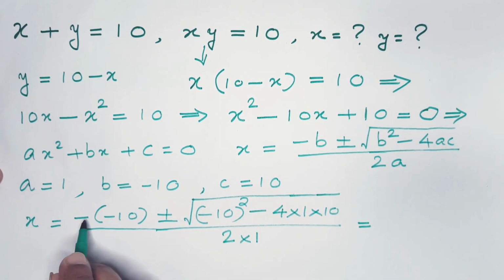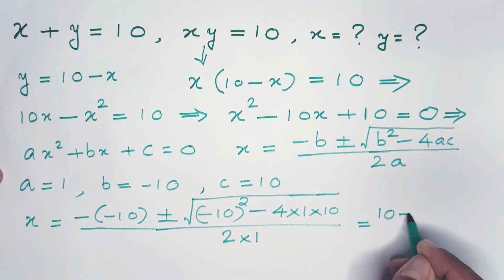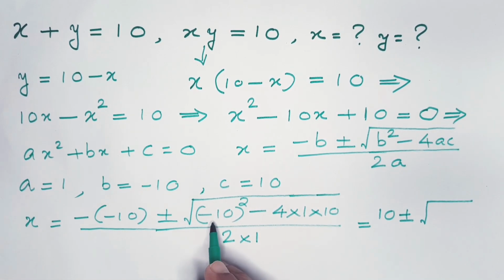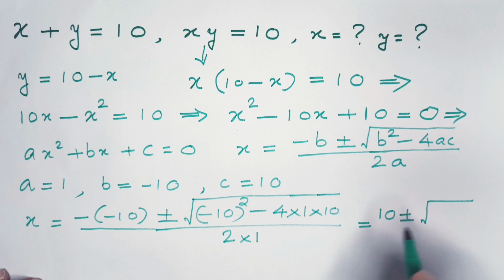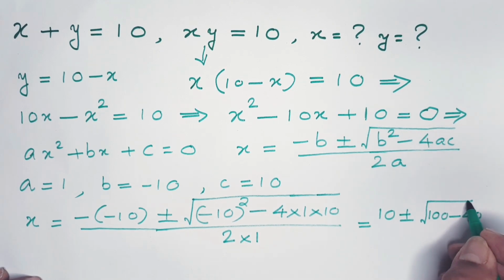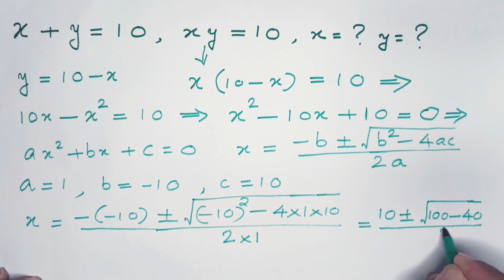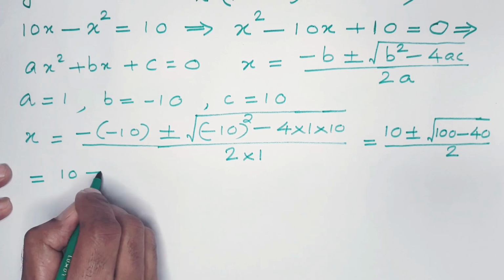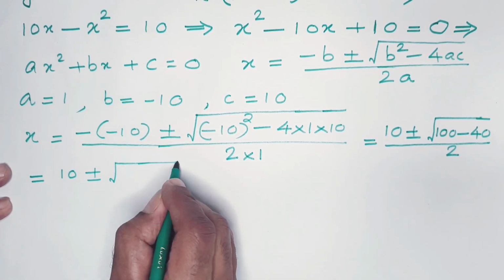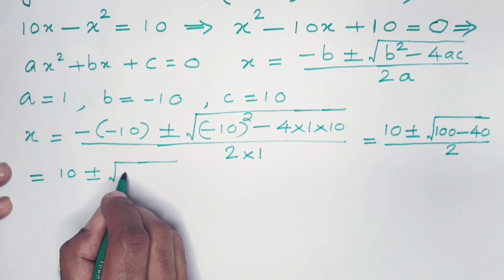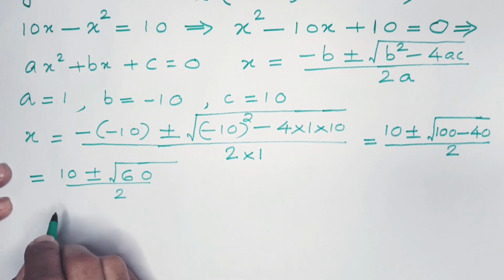Let me simplify this. Minus minus 10 is plus 10, plus or minus square root of minus 10 the whole squared is 100, minus 4 times 10 on simplification is 40, divided by 2. Now that equals 10 plus or minus square root of 100 minus 40, which is 60. So you have root 60 divided by 2.